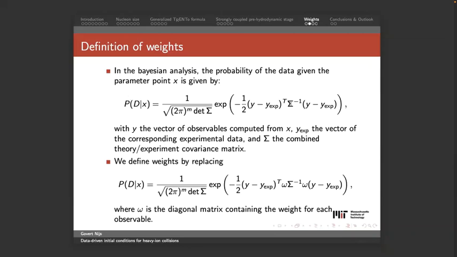And basically what we did is around this covariance matrix, we just include this omega twice, where omega is a diagonal matrix containing the weight for each observable.